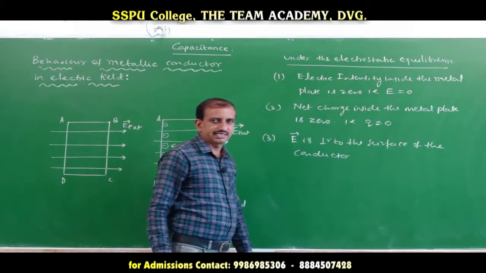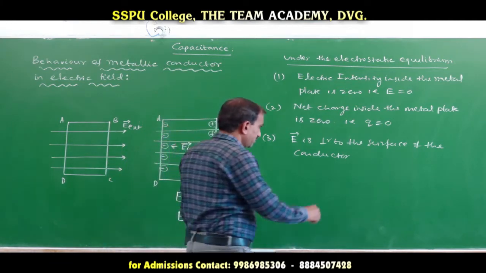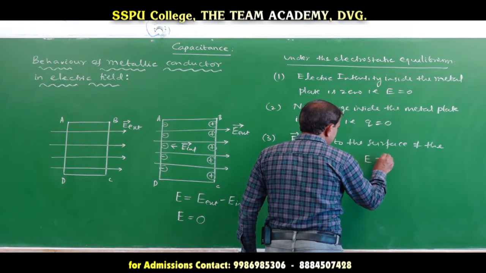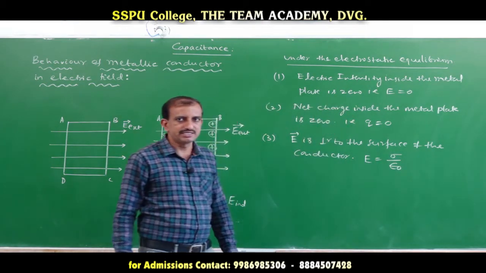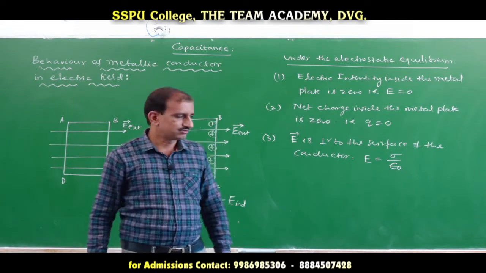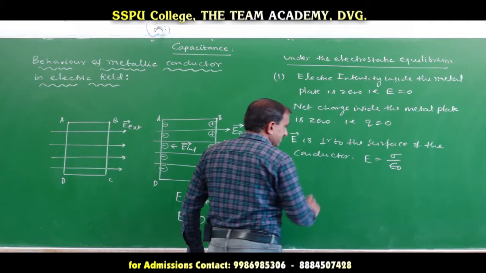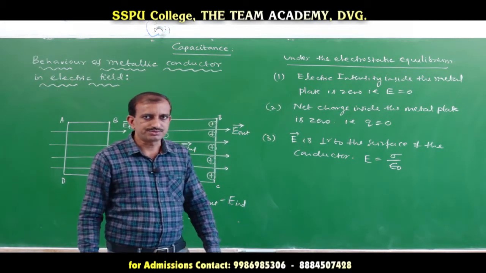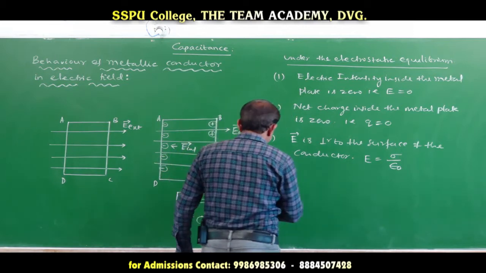The electric intensity near the conductor is given by E equals sigma by epsilon naught, where sigma is the surface charge density. Therefore, the electric intensity near the surface of the conductor is E equals sigma by epsilon naught.